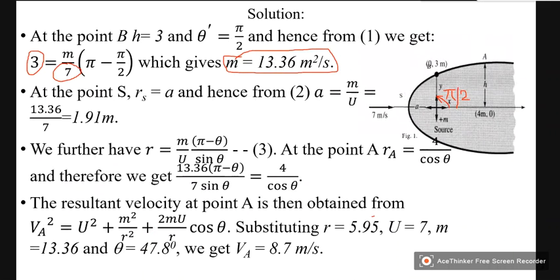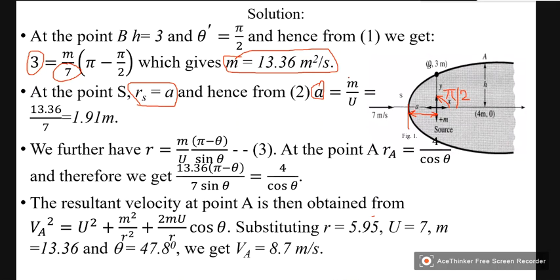So at this point, what is Rs? What is its value now? Yes, sir. So Rs is equal to A. So substitute.